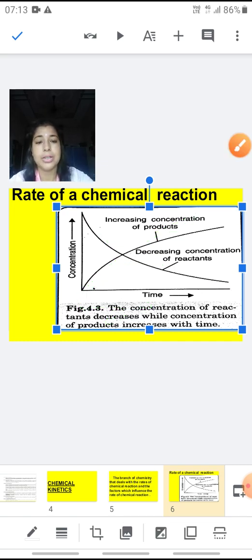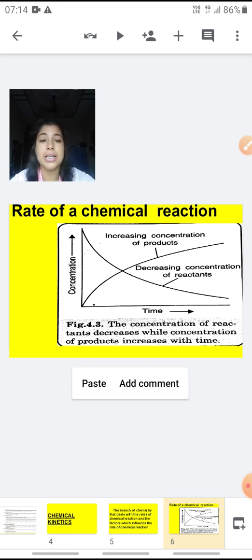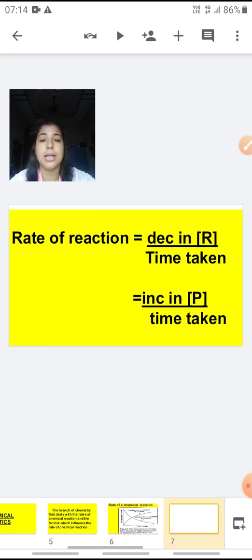Now how will we determine the rate of chemical reaction? We can measure the rate of chemical reaction with the help of that graph.